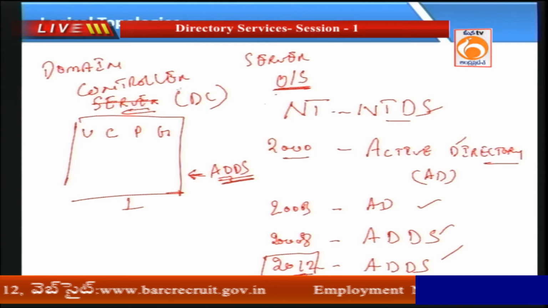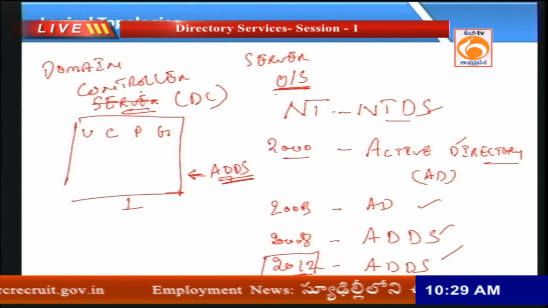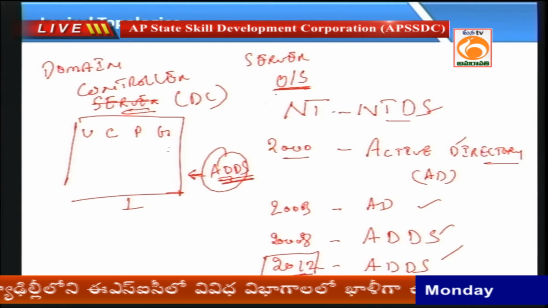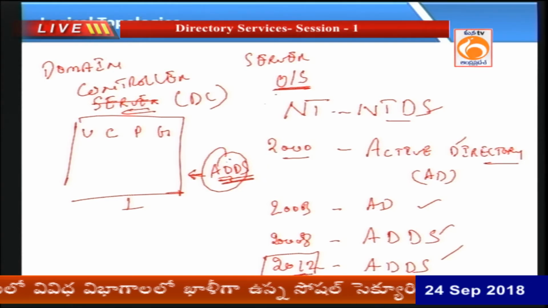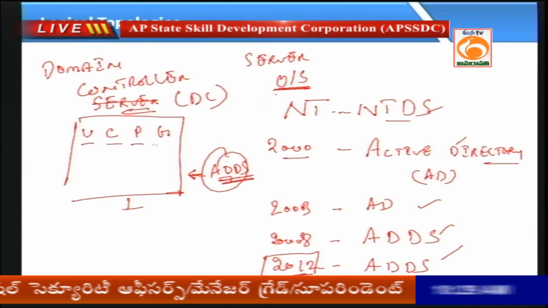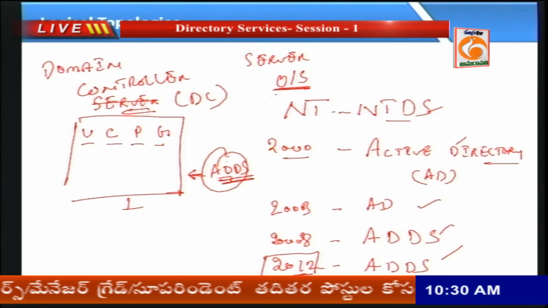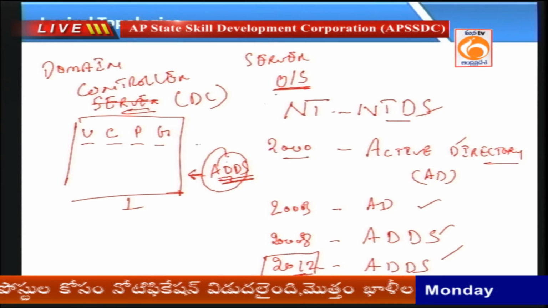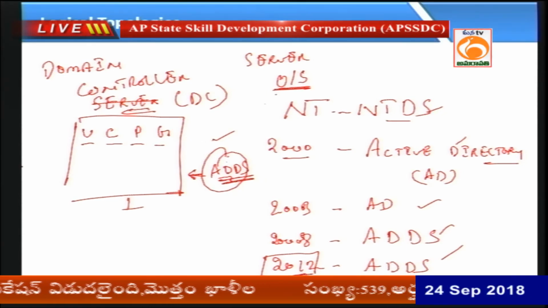What is a domain controller? A domain controller is the computer where Active Directory services are configured. What is Active Directory service? It is used to store users, computers, printers, groups, all this information in one centralized database. If you want to store that, you need a service called Active Directory.